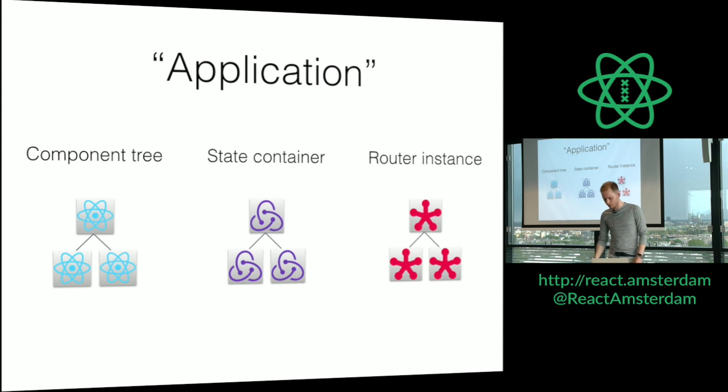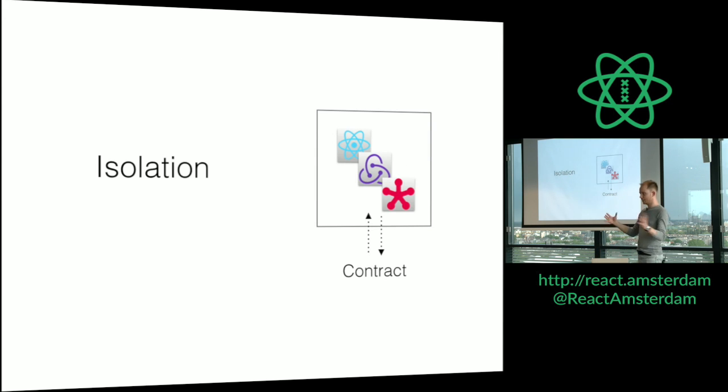If you take those three concepts and you isolate them and call that an application, and you give that a contract, like I expect it to be able to take certain input and give certain output, then you've isolated certain responsibilities, both technically and conceptually.